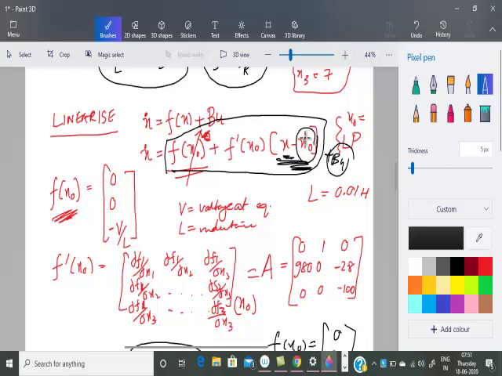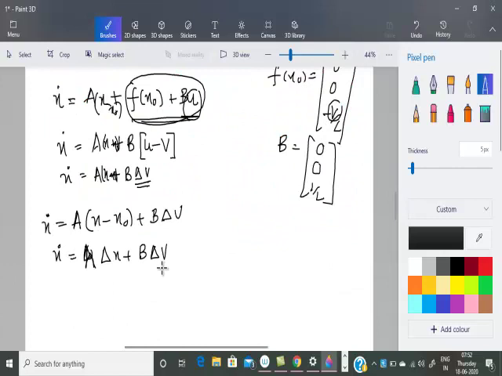So this was just f dash x0 into x, and of course at the equilibrium point fx is normally 0 if you don't have an input term, so this was also 0. So you straight away got x dot is equal to Ax plus bu. But in this case you have this x minus x0 and you have this u minus v, so the state variable form is in terms of deviation from the state variables that you have defined.